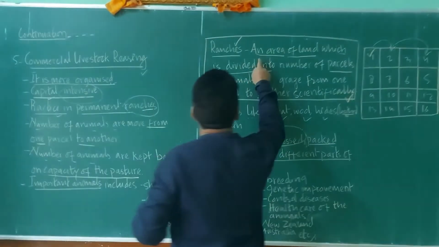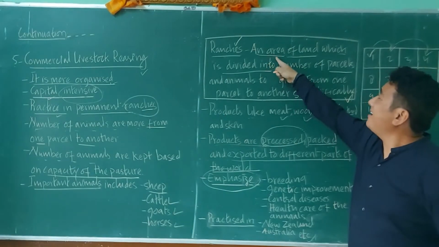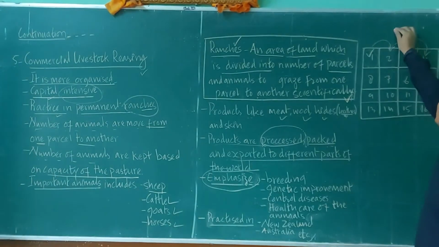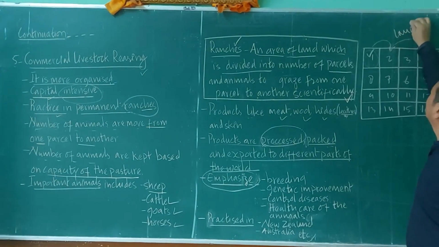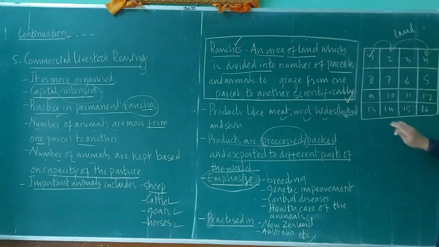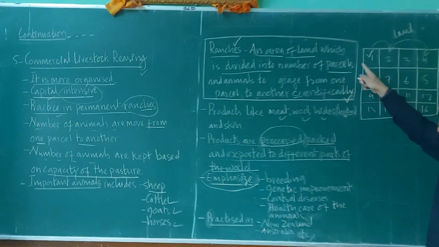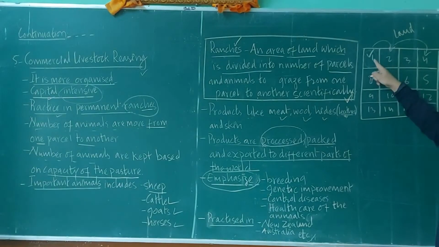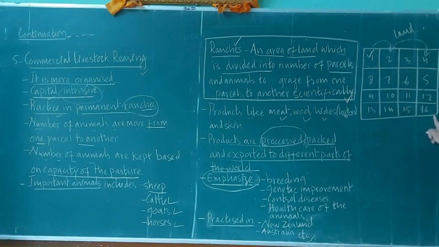Ranches are an area of land. Let's say this is a land, an area of land which is divided into a number of parcels. So, different parcels 1, 2, 3, 4, up to 16.